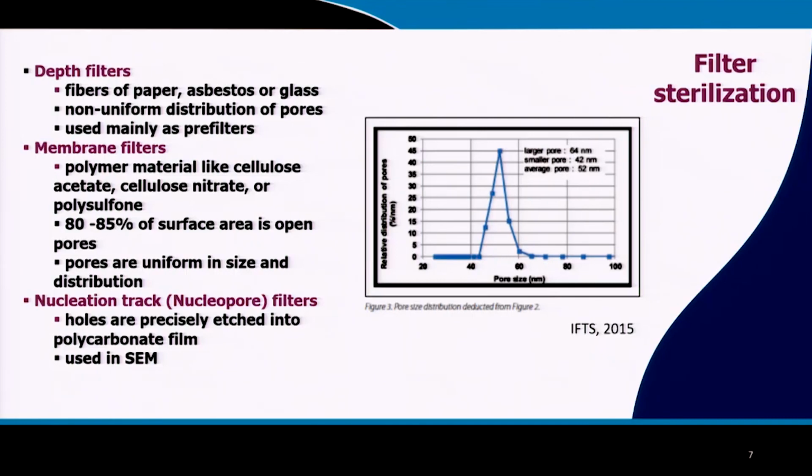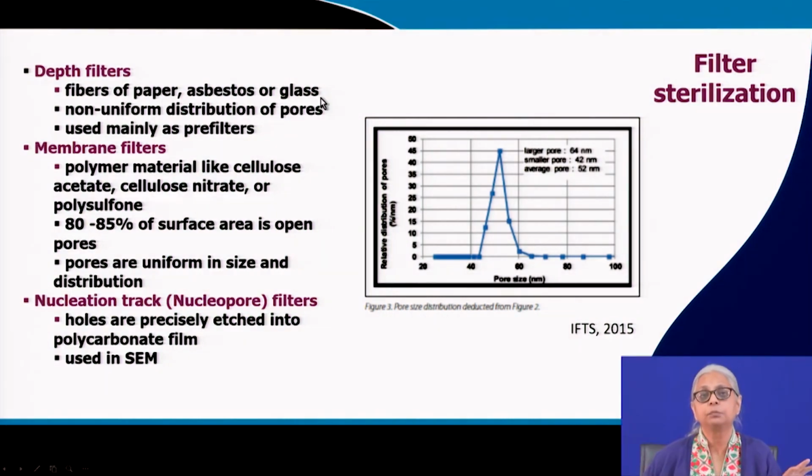So we normally prefer glass fiber filters for measuring suspended solids, a very common application in both civil and environmental engineering, basically in wastewater treatment, where we are trying to measure the suspended solids and separate them into volatile and fixed solids. They have a non-uniform distribution of pores and are generally used as pre-filters.